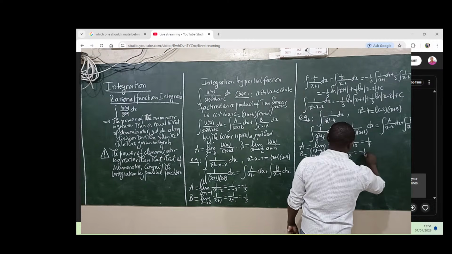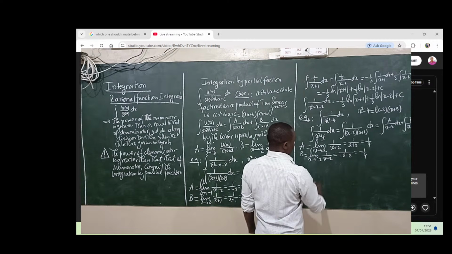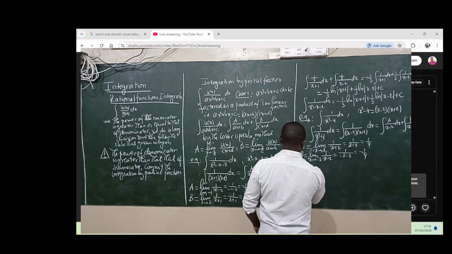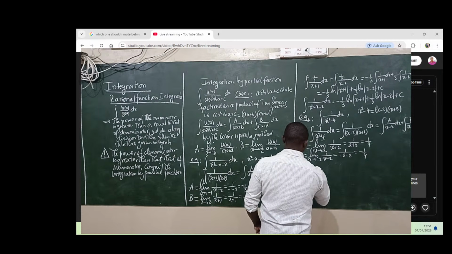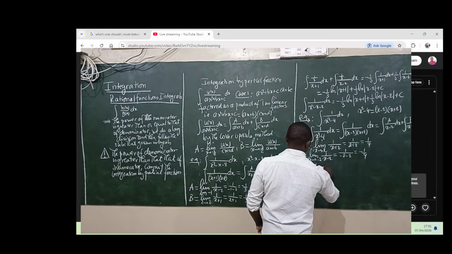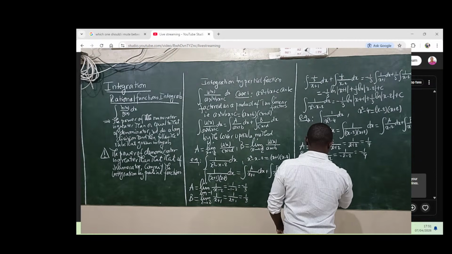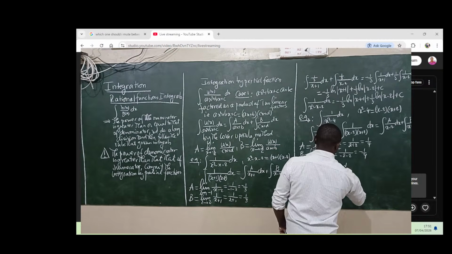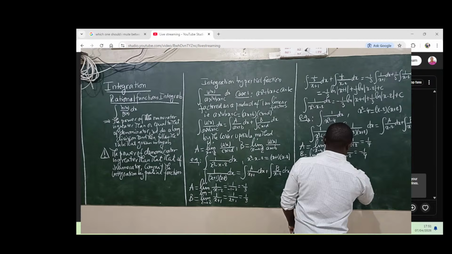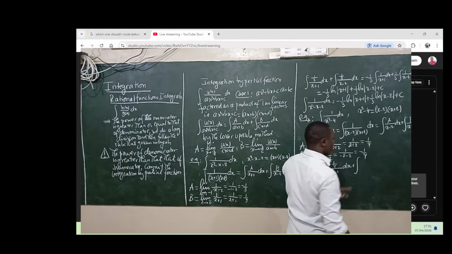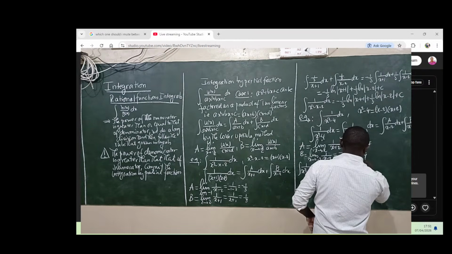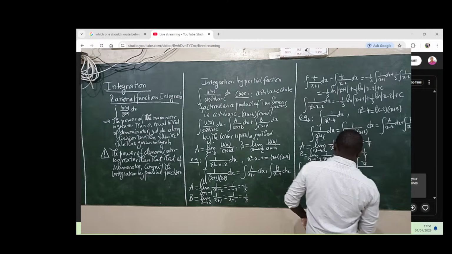The integral of 1 over x squared minus 4 dx is equal to, our a value is 1 over 4 by x minus 2 dx plus the integral, our b value is minus 1 over 4 divided by x plus 2 dx.